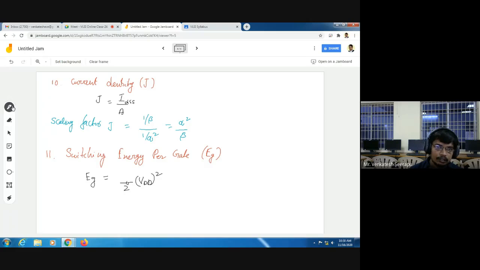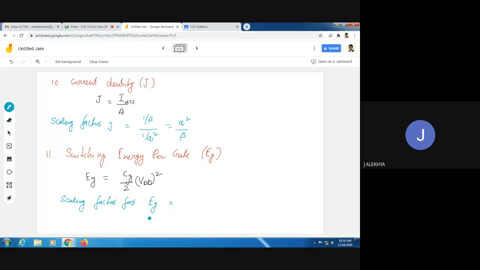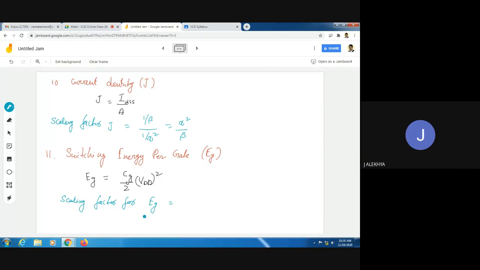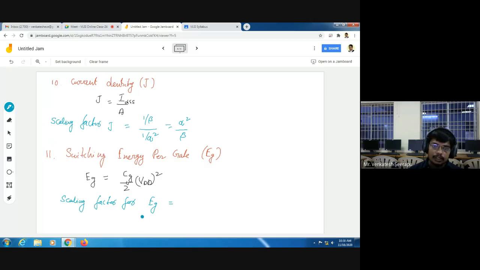Now calculate the value of the scaling factor. 1 by alpha square beta.